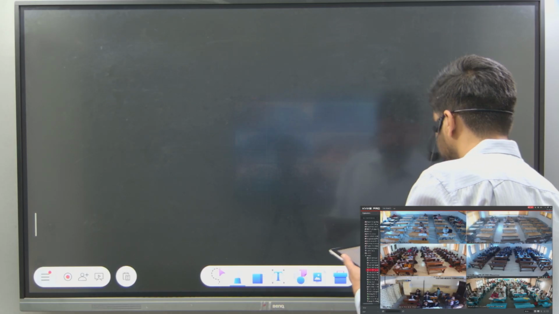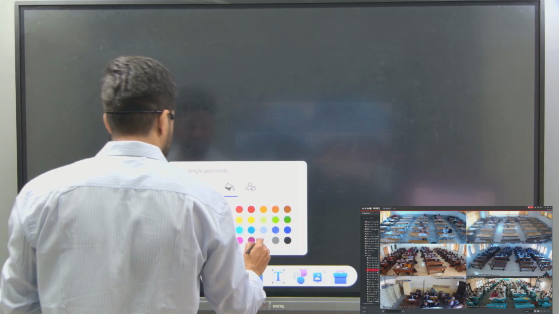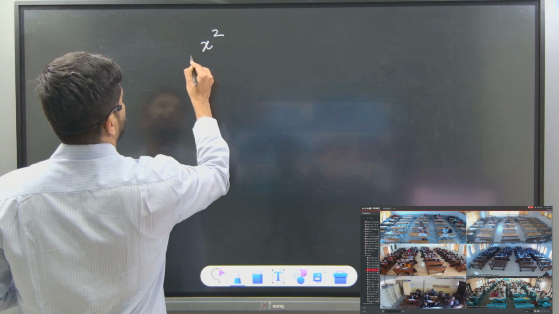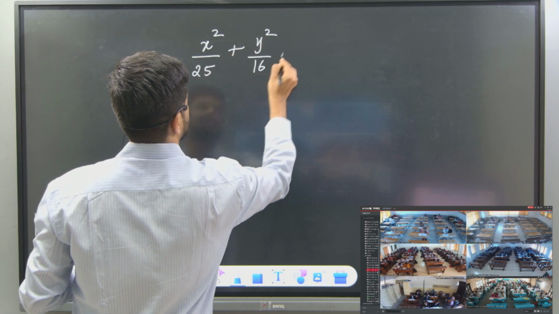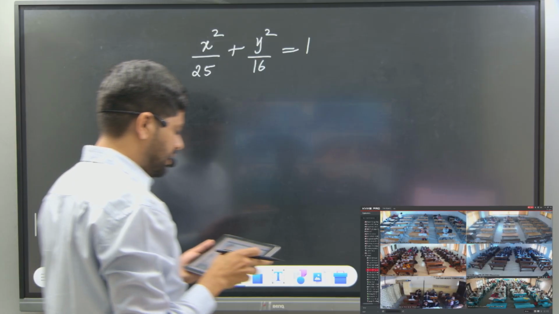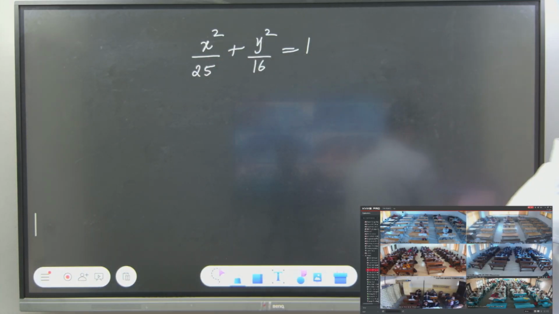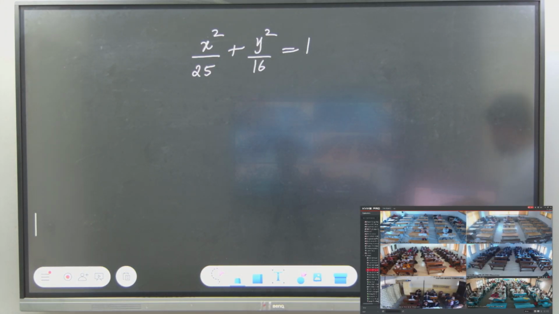Say I have the ellipse x square by 25 plus y square by 16 is equal to 1. They are asking you to find out what the area of the ellipse is going to be.